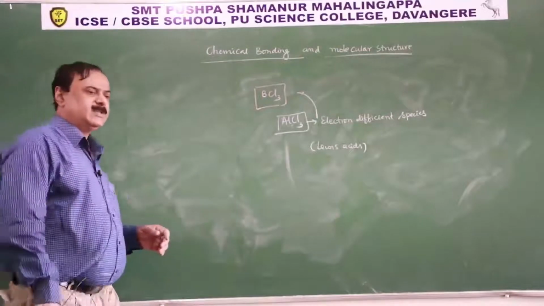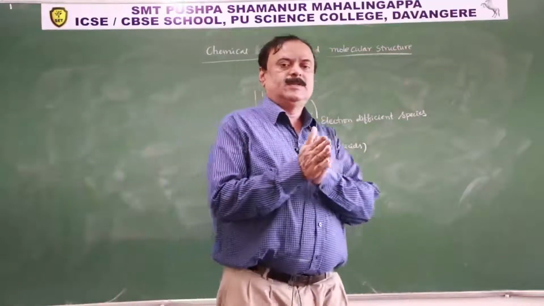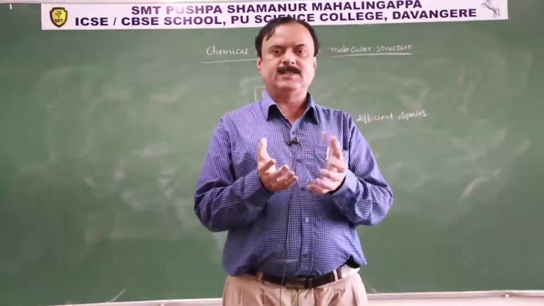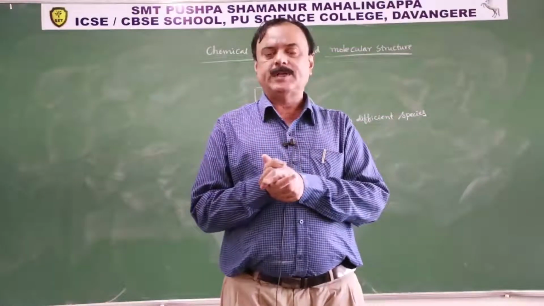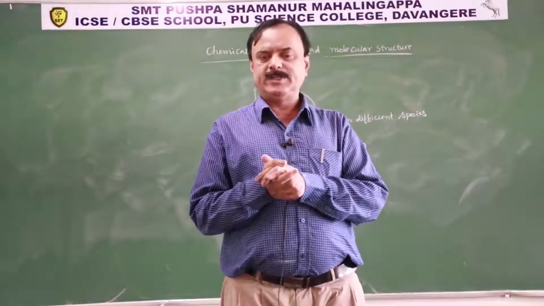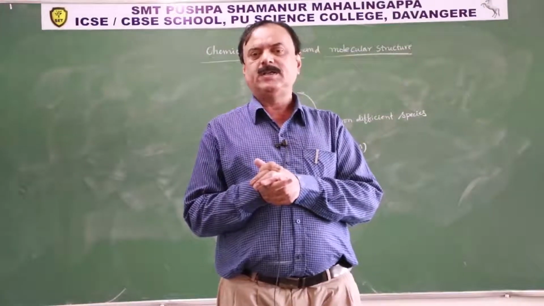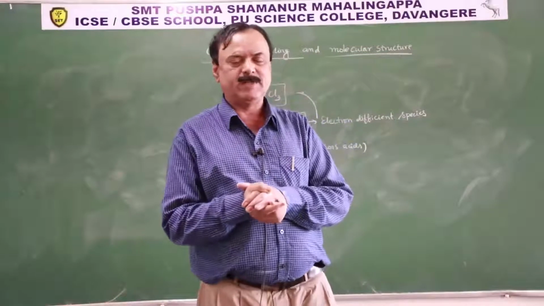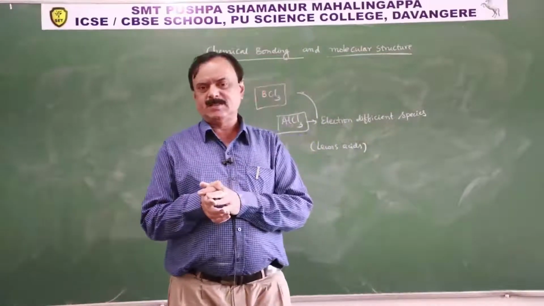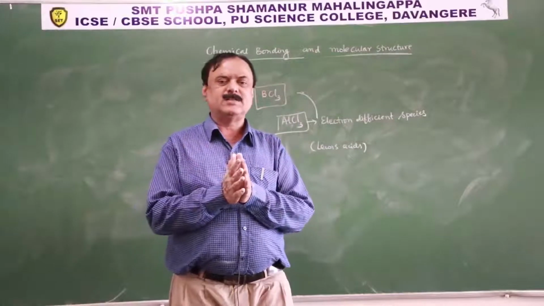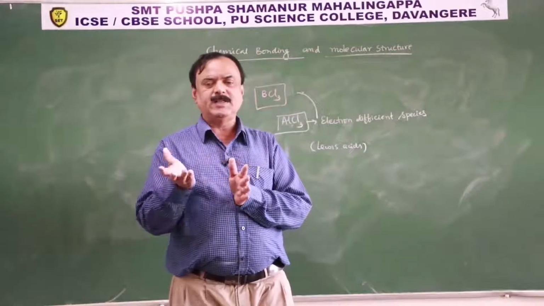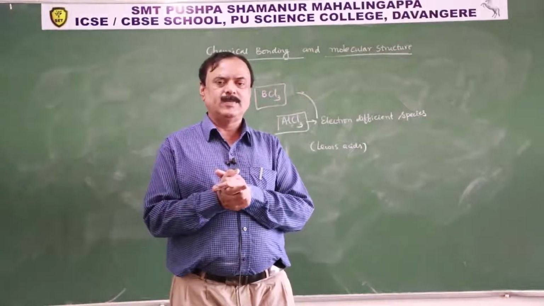Now, my concept here is, say, some molecules like sodium chloride, potassium chloride, magnesium chloride, or calcium nitrate or sulfate, whatever it may be, some of these metallic salts are soluble in water, whereas some are insoluble in water.